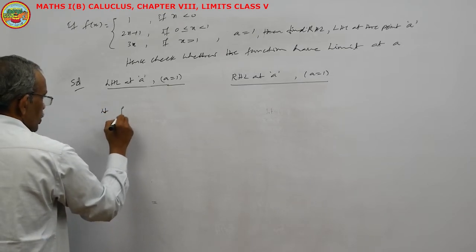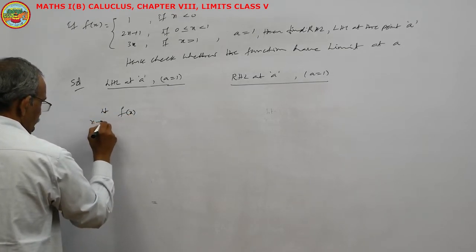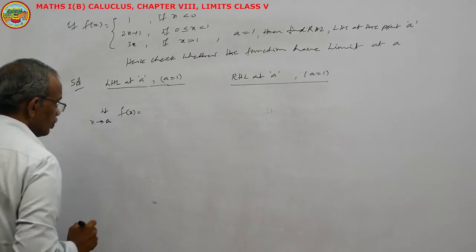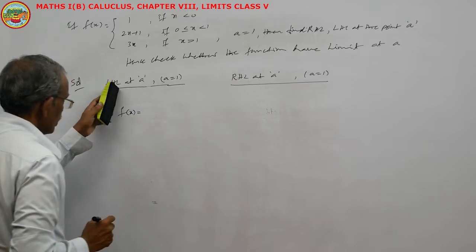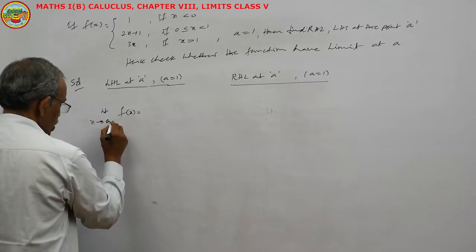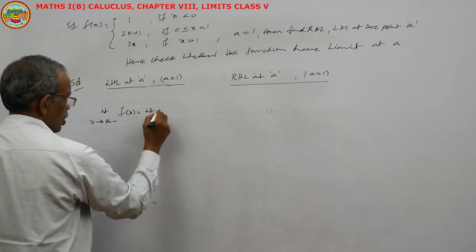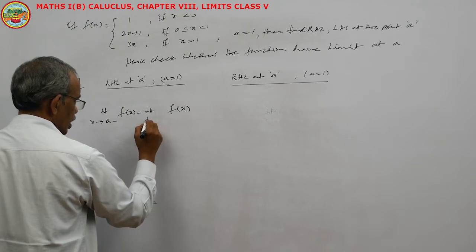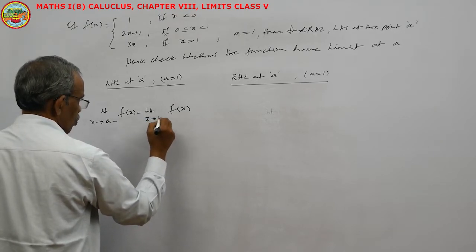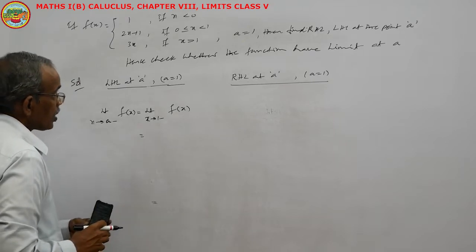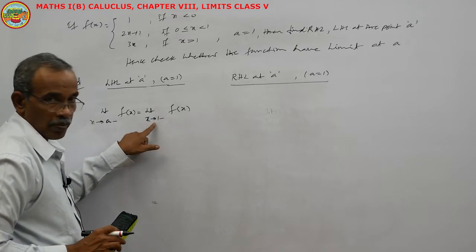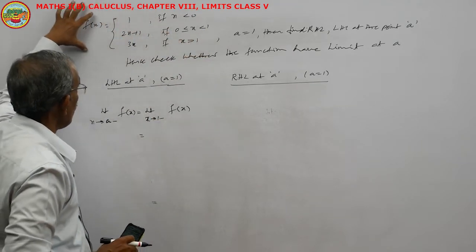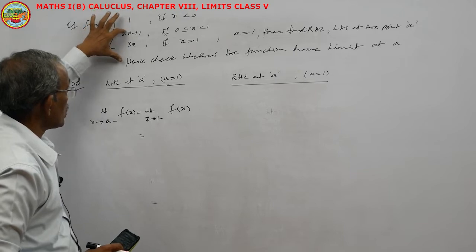That means the limit of f of x as x tends to A, the left hand limit at A, we have to take A minus, is equal to the limit of f of x as x tends to 1 minus. From the definition of the function, x tends to 1 minus means less than 1. Look at which of the three applies. f of x is defined as 1, 2x plus 1 and 3x.